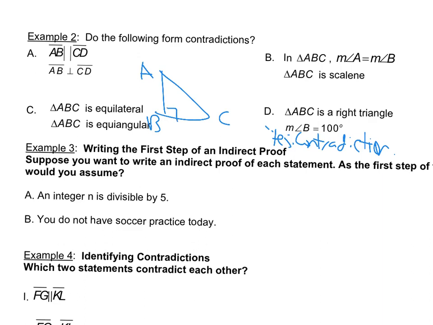And let's draw a triangle ABC with an angle that's 100 degrees. So you cannot be a right triangle and an obtuse triangle at the same time.